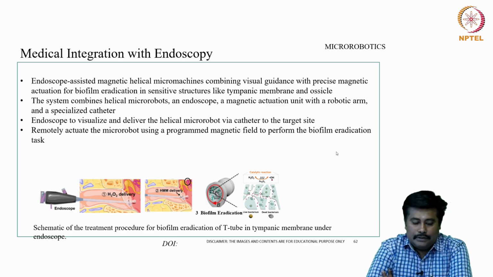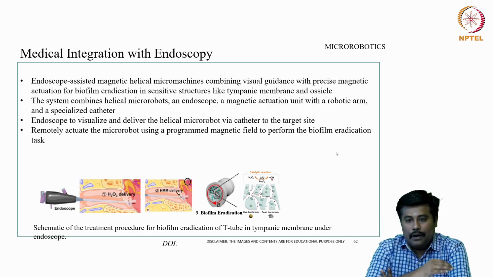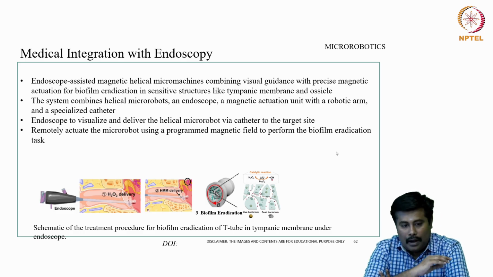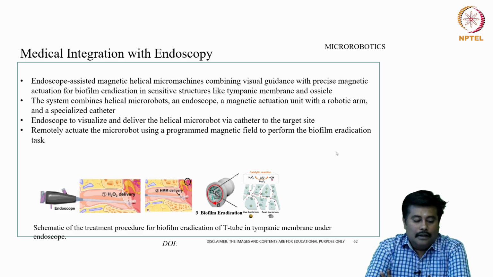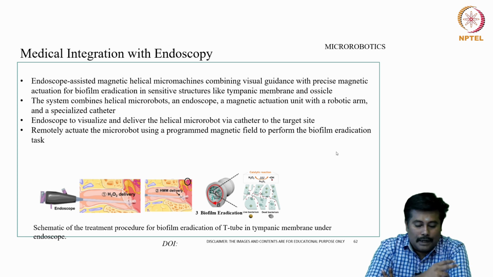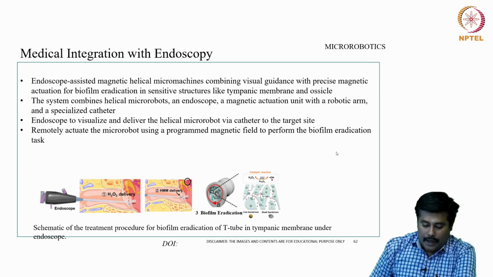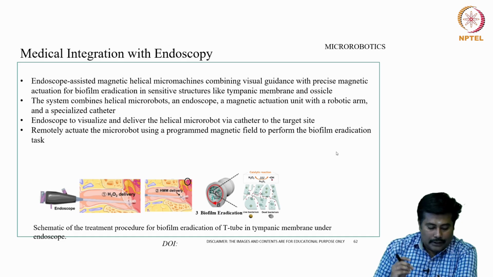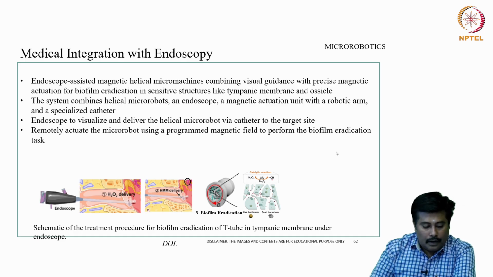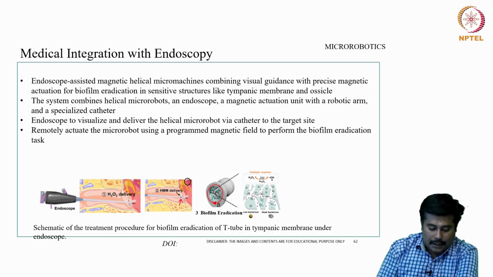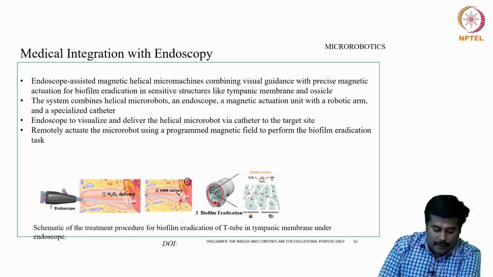The system combines a helical microrobot and an endoscope, a magnetic actuation unit with a robotic arm and a specialized catheter. The endoscope is used to visualize and deliver the helical microrobot via the catheter to the targeted site and remotely actuate the microrobot using a programmed magnetic field to perform the biofilm eradication task, which is considered to be one of the key challenges.